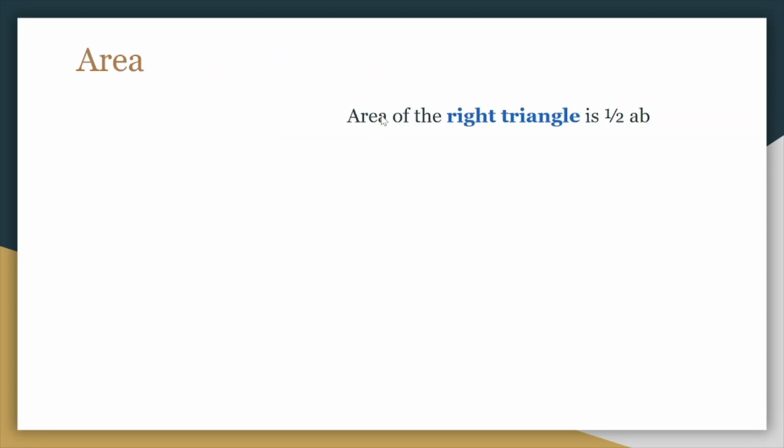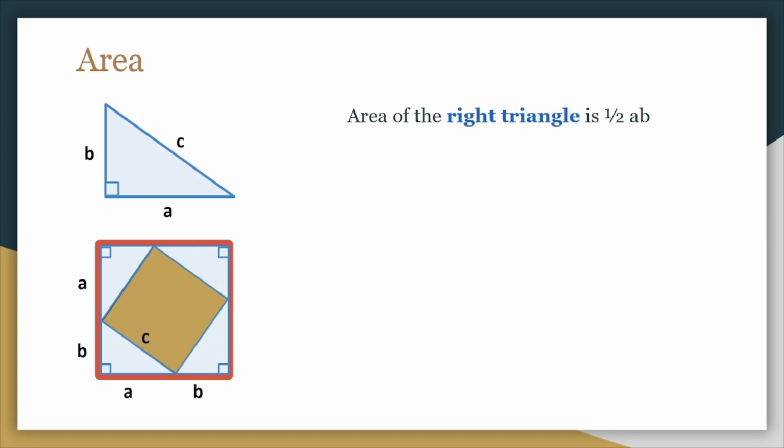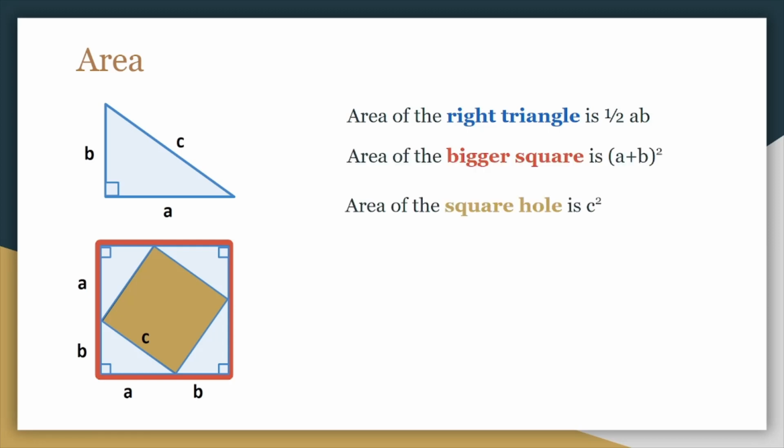Since the area of any triangle is 1/2 times the base times the height, we know that the area of one of the right triangles is 1/2 times AB. Meanwhile, the area of the bigger square with sides A plus B is A plus B squared, and the area of the square hole with side C is C squared.